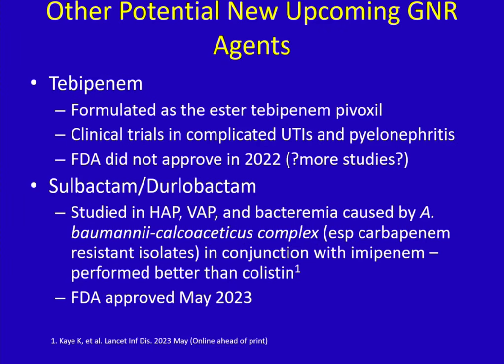And then this drug that was actually approved this past May, sulbactam-durlobactam. Basically, this is a drug that's going to be used for one pathogen, Acinetobacter. It's studied in HAP, VAP, and bacteremia caused by Acinetobacter complex, especially those carbapenem-resistant isolates, in conjunction with imipenem. It performed better than colistin. I actually got an email from the drug rep this week.